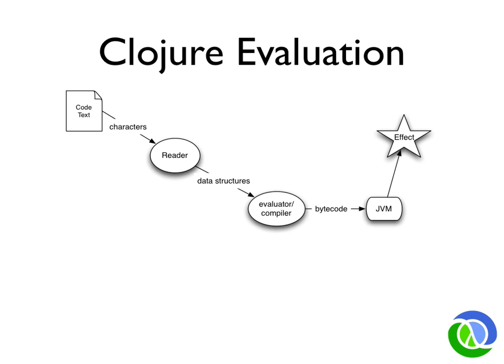Right, so then I guess it's all written in Java? We'll see that there is a core of Clojure. The data structures are written in Java. The special operators are written in Java. And then most of the rest of Clojure is written in Clojure. So no native code? There's no native code.